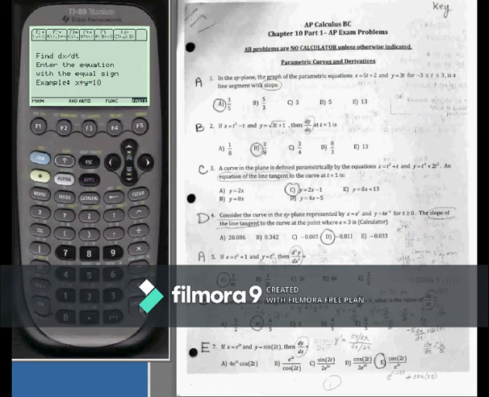And we're going to enter the function, x times y equals 10.